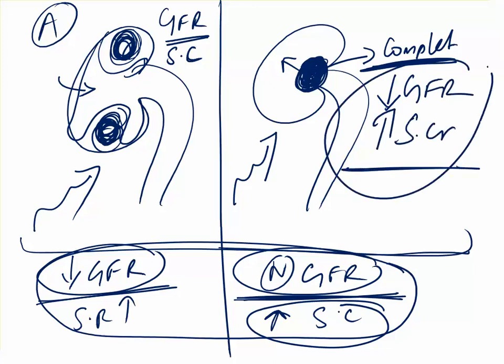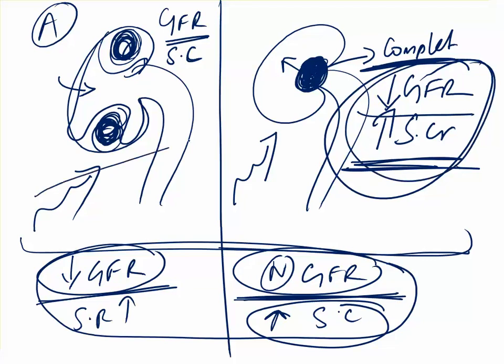So this case will have oliguria or anuria; if it is bilateral, it will be anuria. So it is a case of oliguria or anuria with azotemia. The other case will have normal GFR and normal creatinine. Understand? I cannot digest this concept.